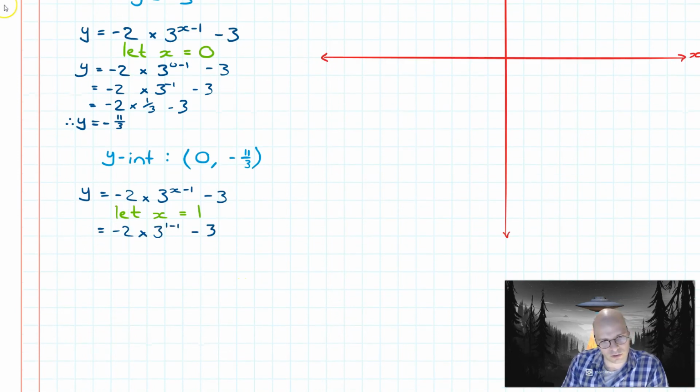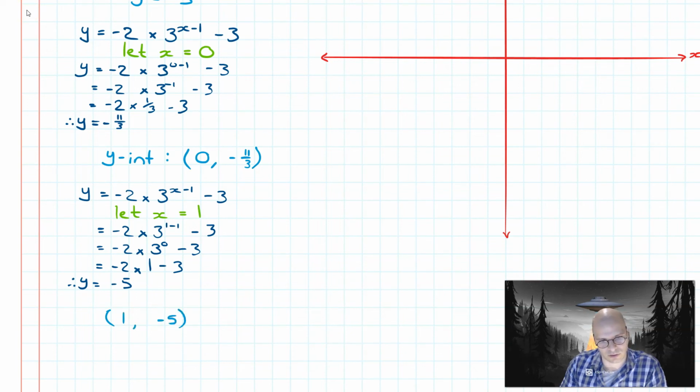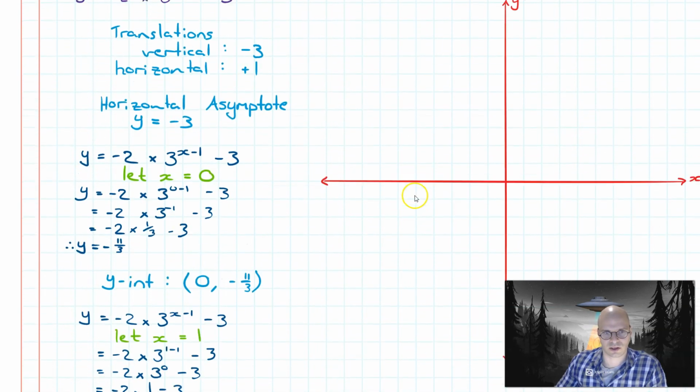Solving this, you can see that we're going to default to a 0 in the exponent, and thus we get a nice clean point to plot. So we're going to get 1, -5. Alright, so I've got 2 points I can plot to then fit the curve.